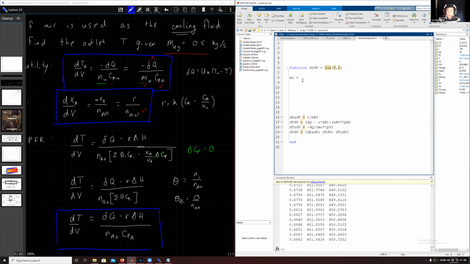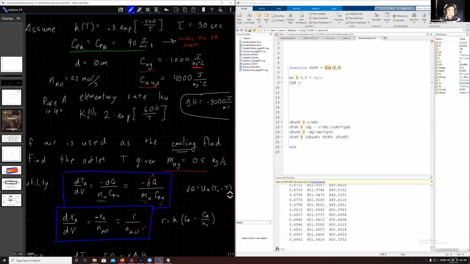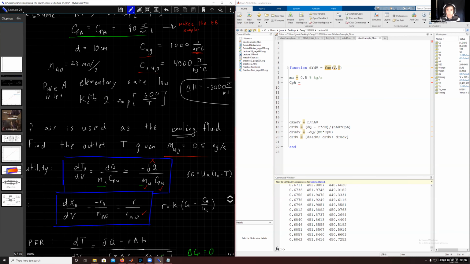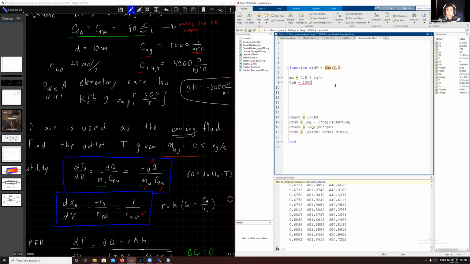Mu is given at 0.5, and this is in kilograms per second. CPA is given as 1,000 joules per kilogram degrees C. Mu, CPU, dq.